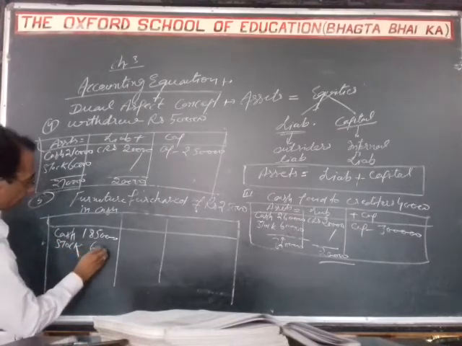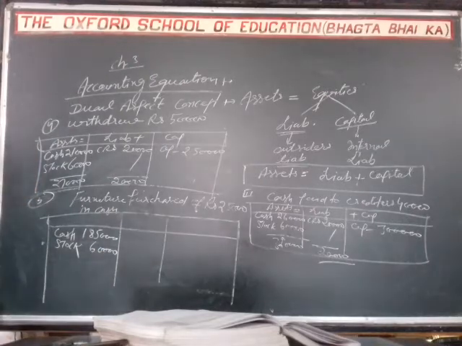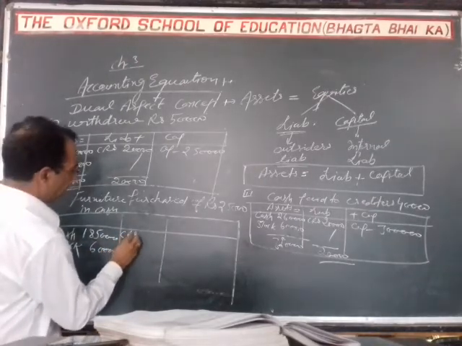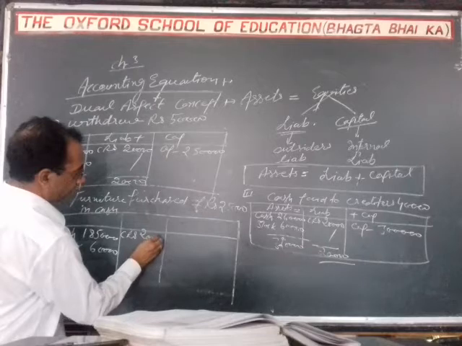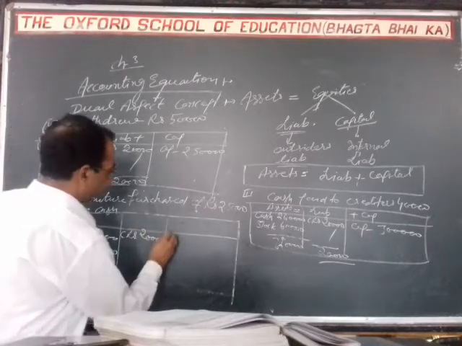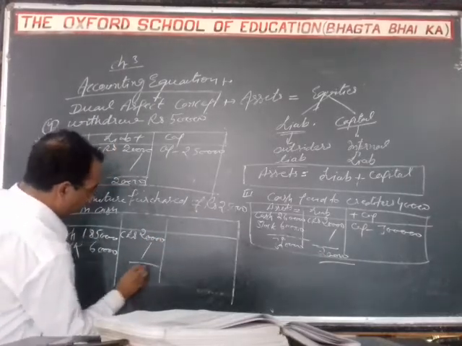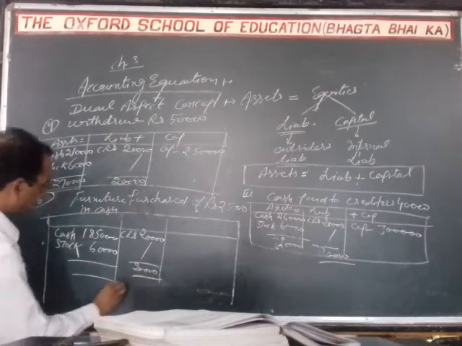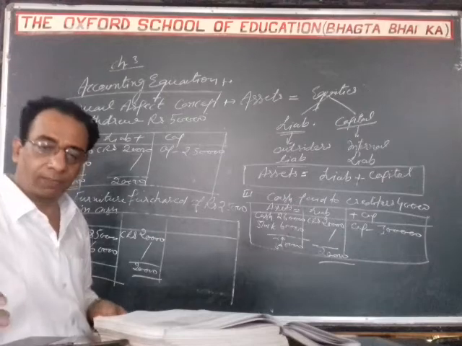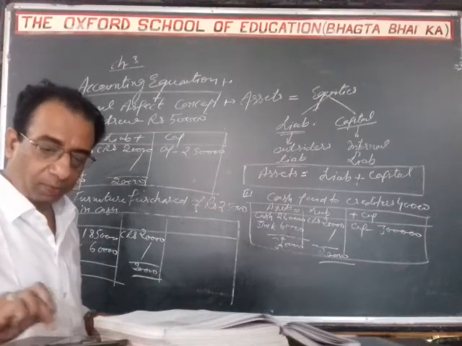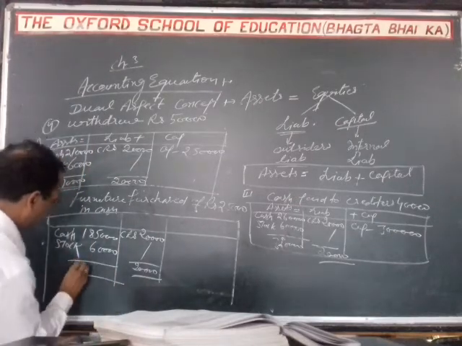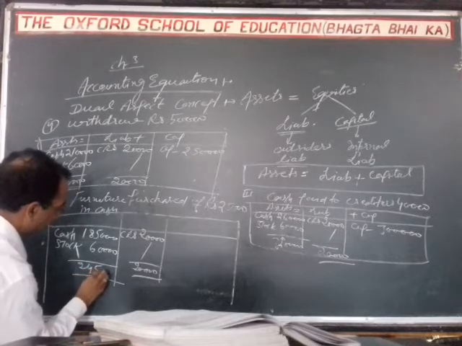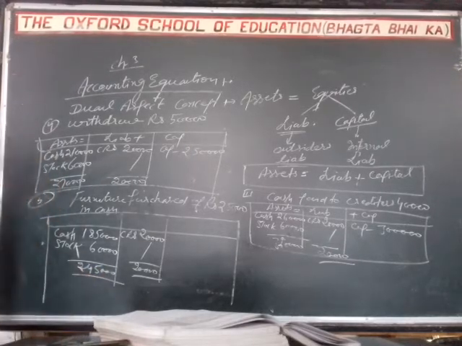Now stock. Stock is 60,000, and creditor 20,000. Right? Now we make the total. The total of assets is 1,85,000 plus 60,000, that is 2,45,000. Got it?